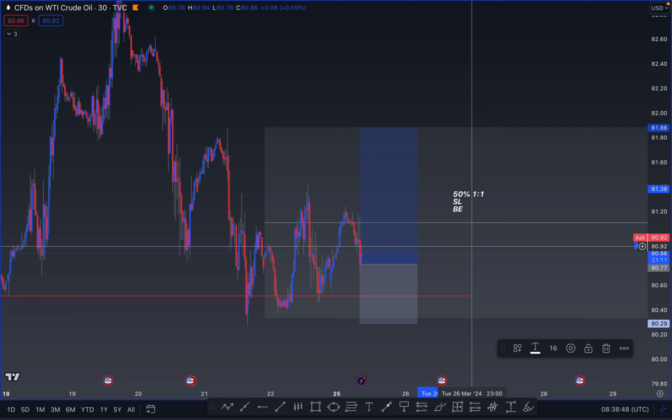So it's a big risk management advantage when you take partials at 1-to-1, because as soon as the market comes back to your SL, you get out at BE, it's done, and then you move on. So this is the way I'm going to be handling that position right here.